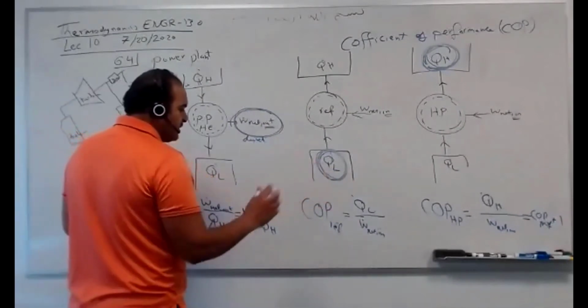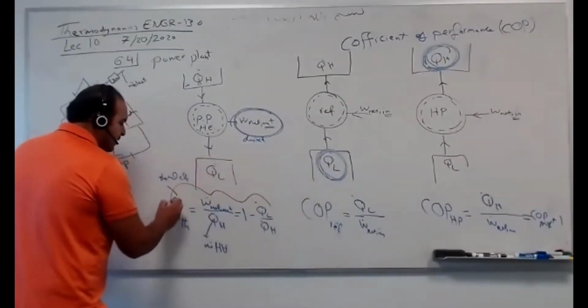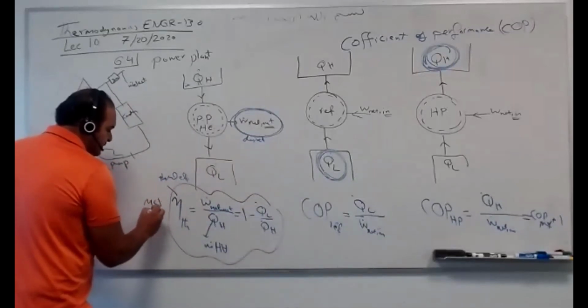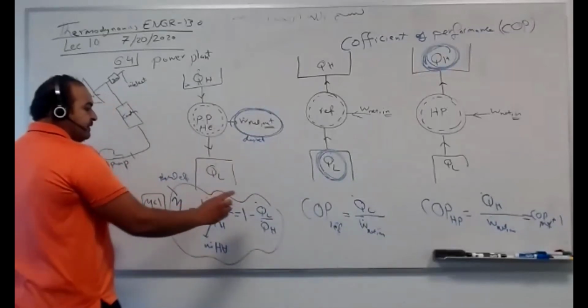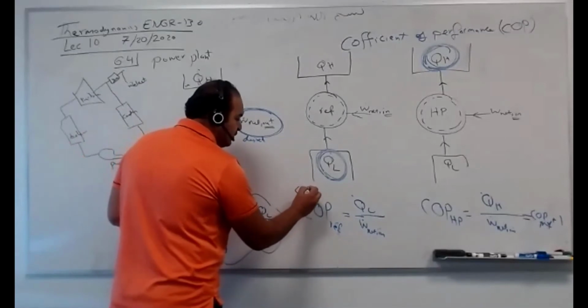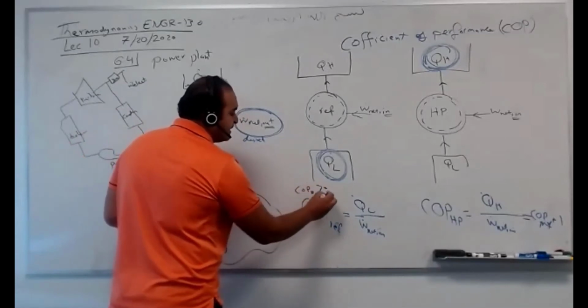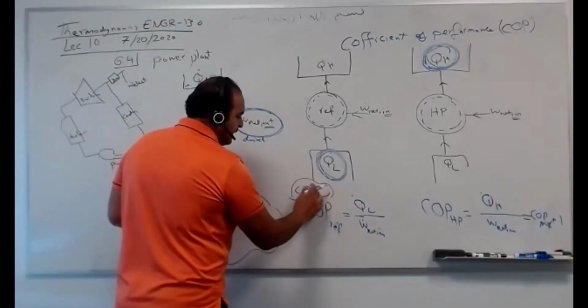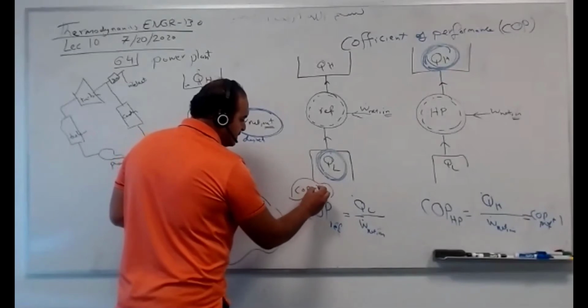Thermal efficiency is always greater than 0 and always less than 1, of course. But the COPs can be greater than 1, no problem; they are always greater than 0.